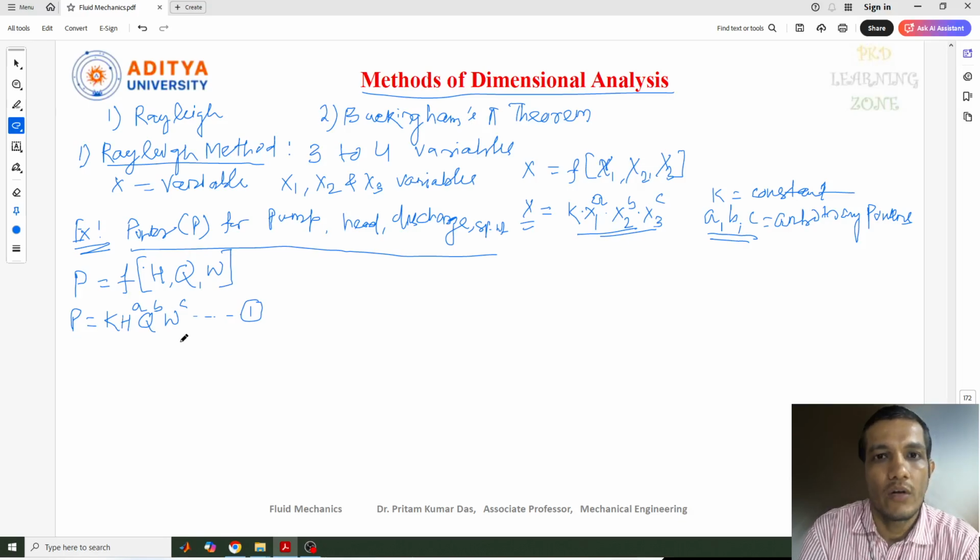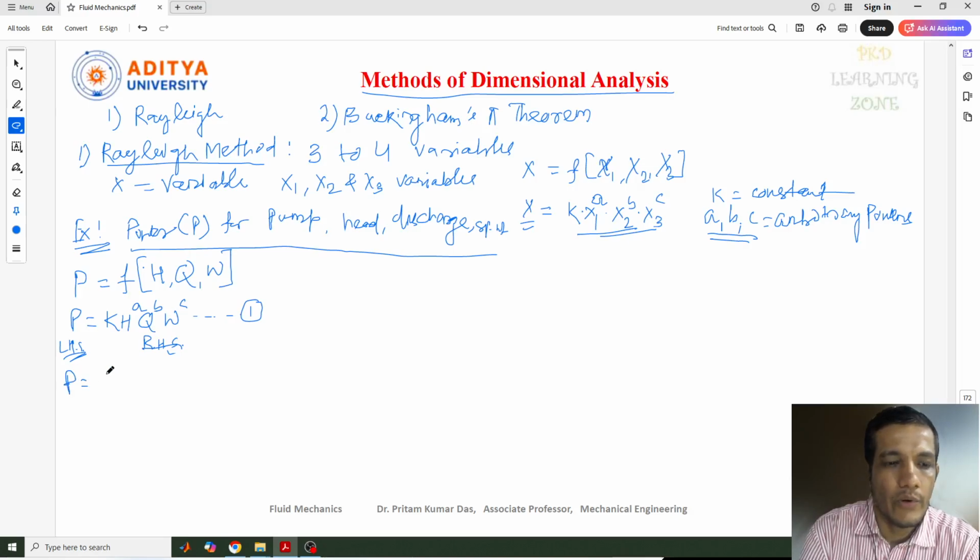Now what we need to do is compare the dimensions for both sides, left hand side and right hand side. Suppose this is our left hand side and this is our right hand side. Now we'll identify the dimensions for both sides. First let's find the dimensions for power.